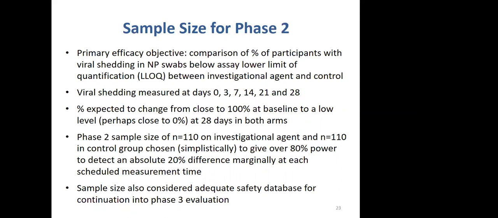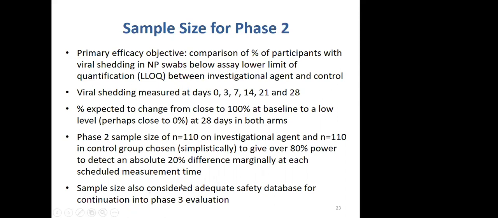It's a busy slide, but just to give you some idea, my schematics earlier had sample sizes for phase 2 of 110 participants on an agent, and then the control group would be a similar size. And in the almost complete absence of knowledge about what might occur in this particular trial, we took a very simplistic approach to picking that sample size.